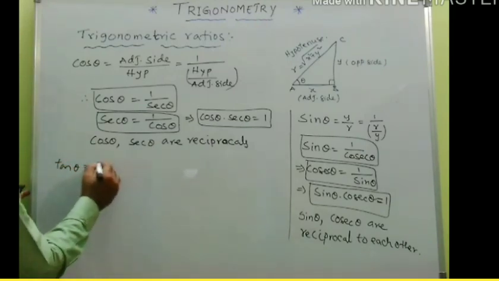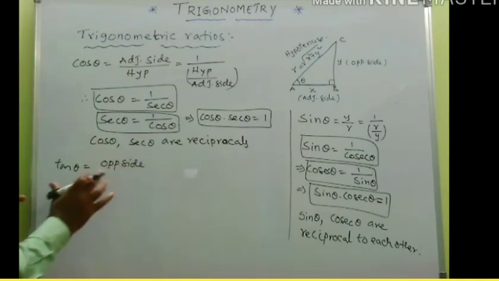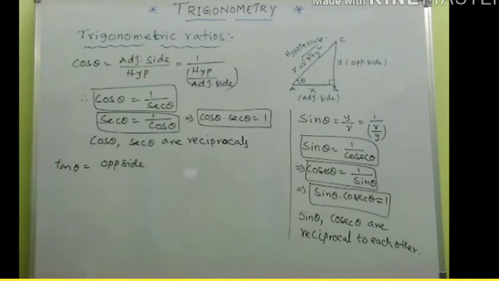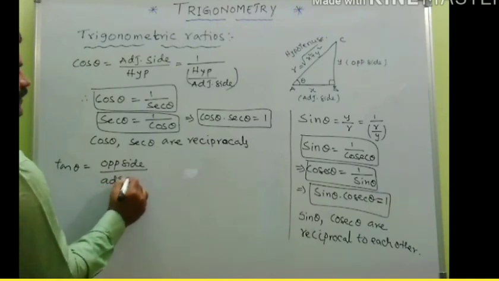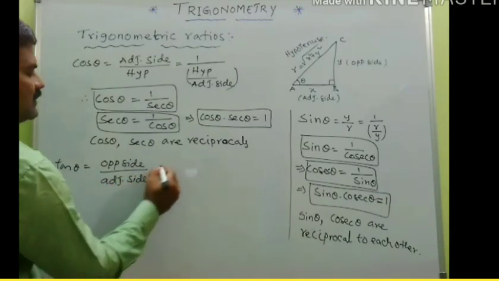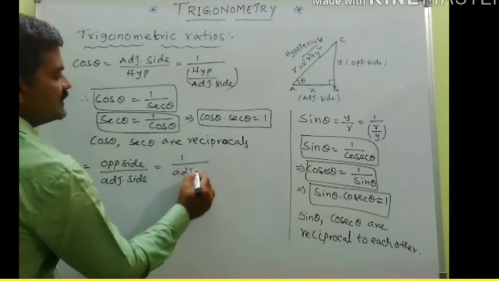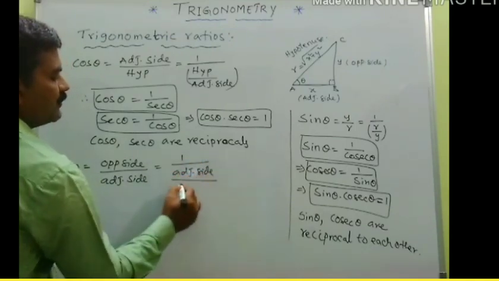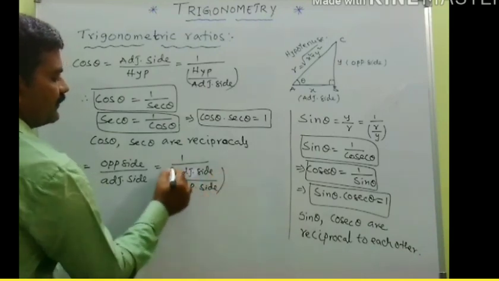It is the ratio between the opposite side, here shortly I am writing as opposite side, but you need to mention opposite side to angle theta, that is the way you need to mention, by adjacent side to angle theta. So this is, let me write, 1 by, can I write it as adjacent side by opposite side, isn't it? Fine.